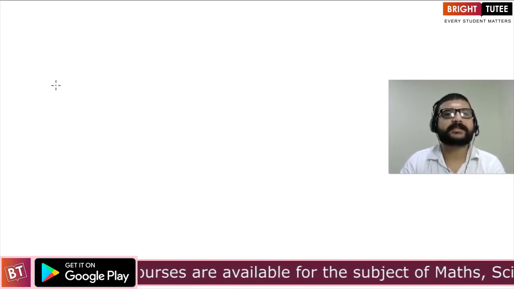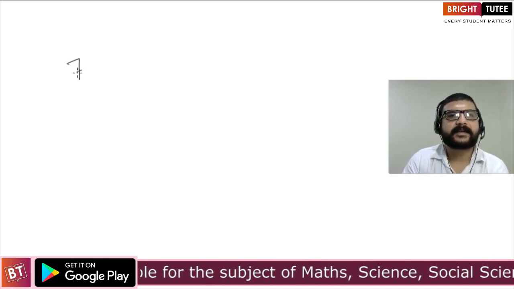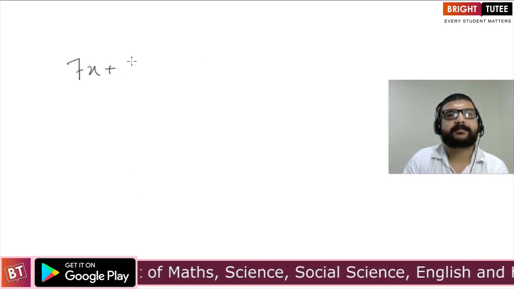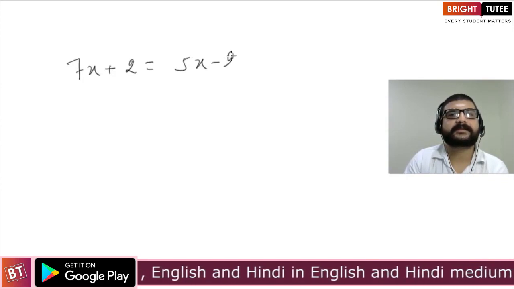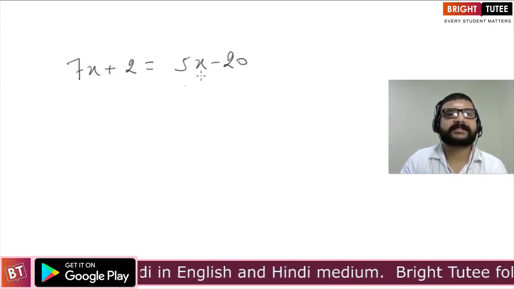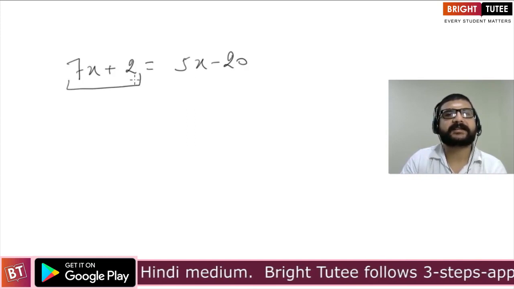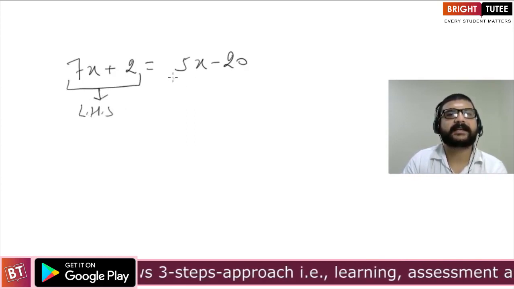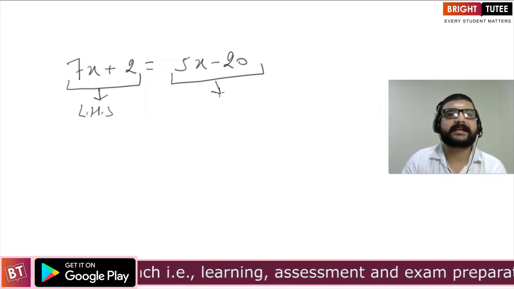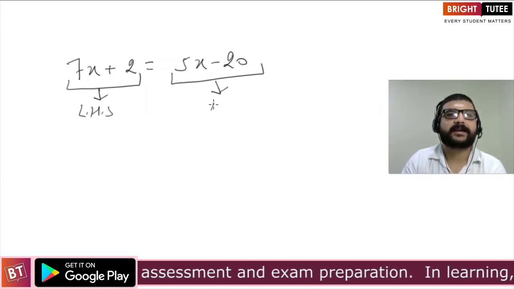Let's have one more equation, which is 7x plus 2 is equal to 5x minus 20. This is the equation in which left hand side is 7x plus 2. This is left hand side, and right hand side is 5x minus 20.